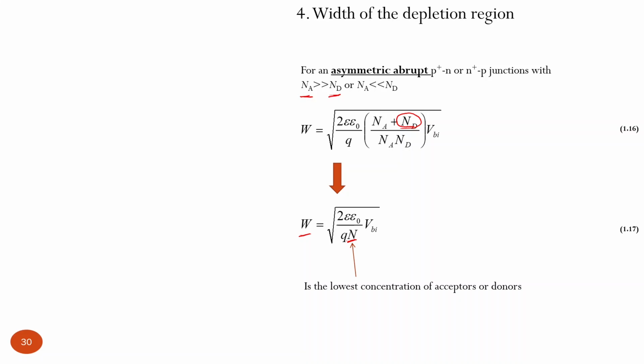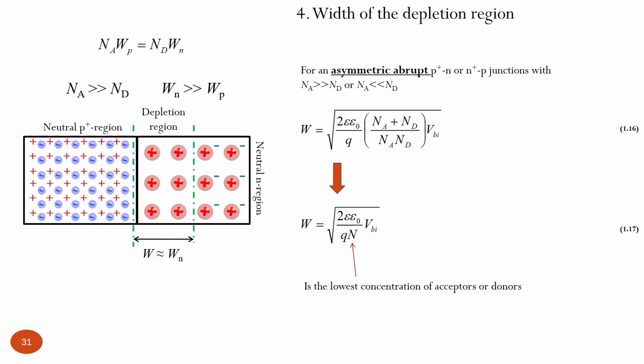In our example, that was the concentration of donors, because the concentration of acceptors is much higher. So the lowest will be there in the denominator. Such an asymmetric p-n junction will look like this.